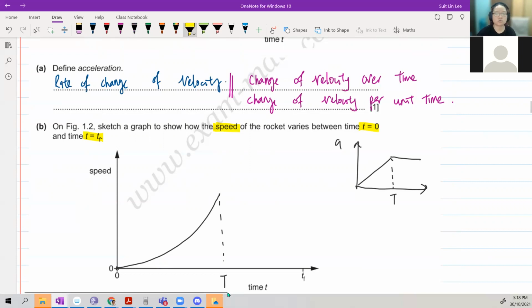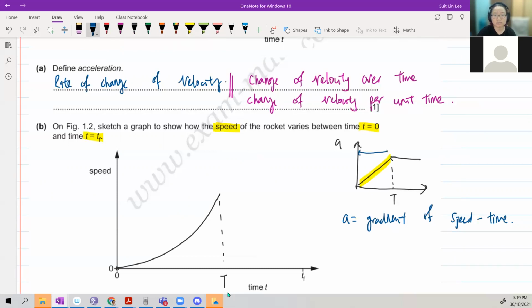So you could also use gradient to help you, because acceleration is equal to the gradient of the speed-time graph. So if acceleration is the gradient of speed-time, this portion here, the gradient is bigger and bigger.